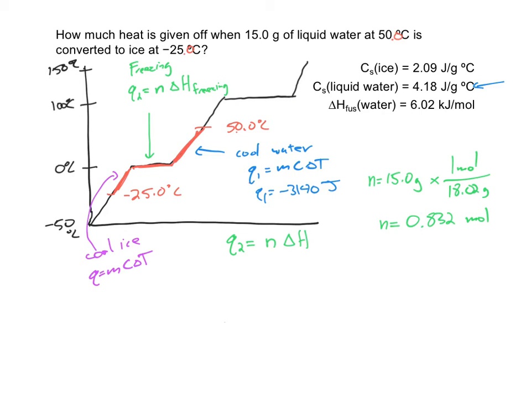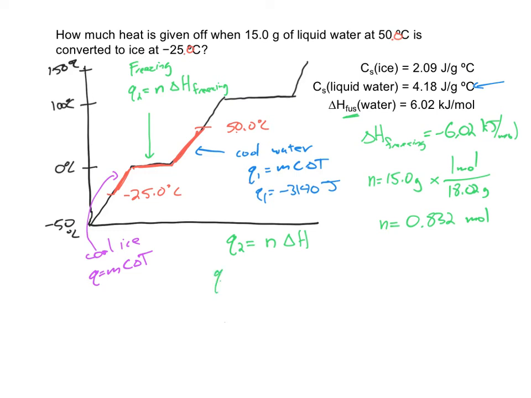And now we also need to be careful. They've given me the enthalpy of fusion, right? So they've given me the enthalpy for melting, and I'm going in the other direction. So it's not a big deal. I just have to be aware of the sign, right? The delta H of fusion is positive. The delta H of freezing is the same numerical value, but it's going to be negative.